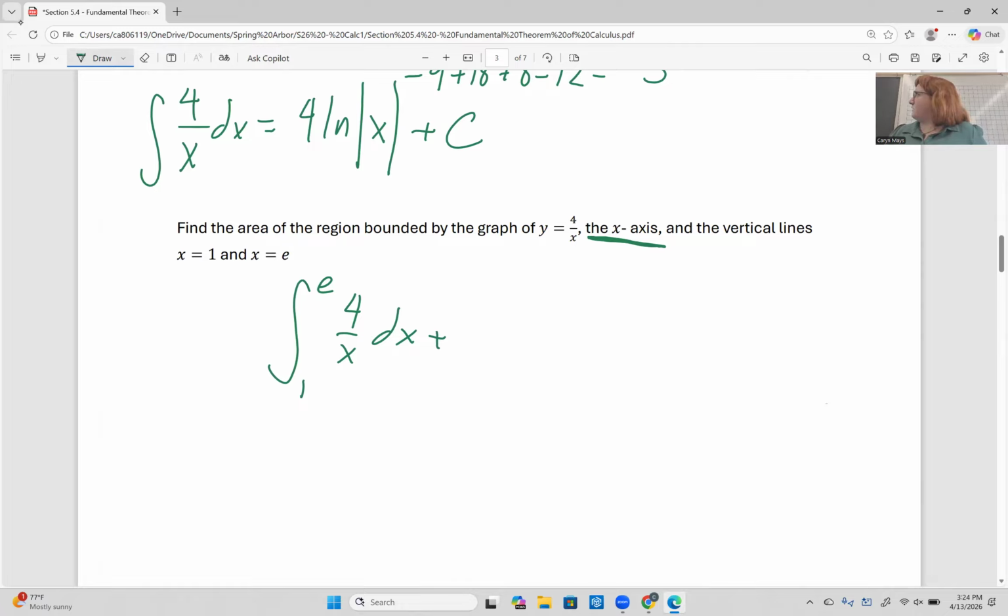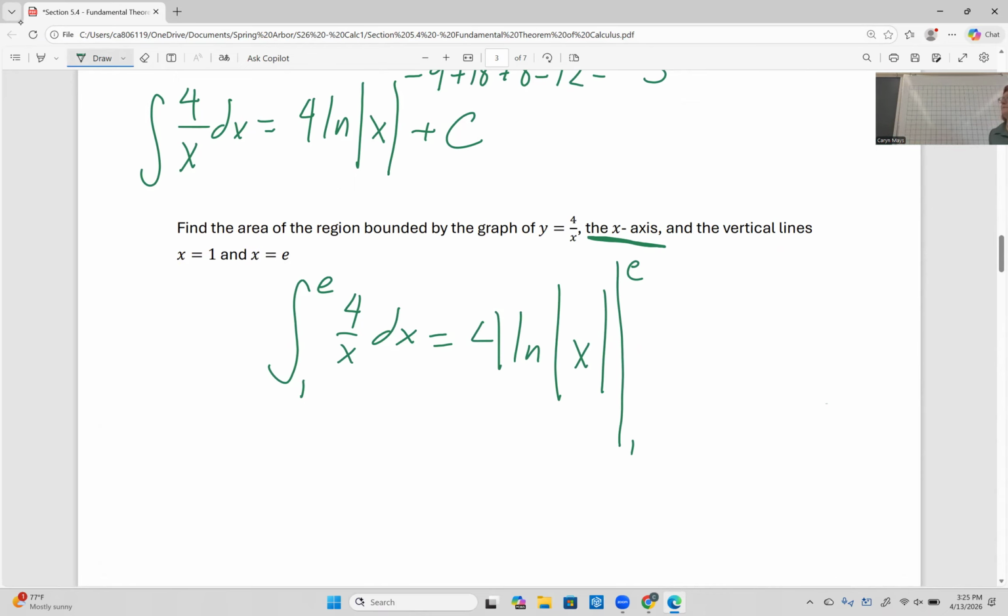So in our case, we're going to have equals, not plus, equals 4 natural log of the absolute value of x from 1 to e. When we don't have bounds, plus c. When we do have bounds, no plus c.